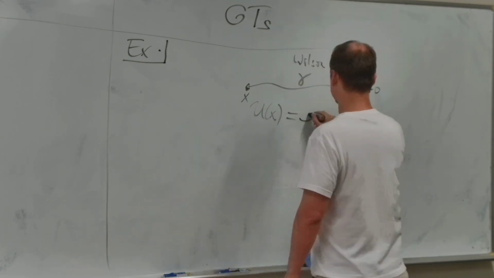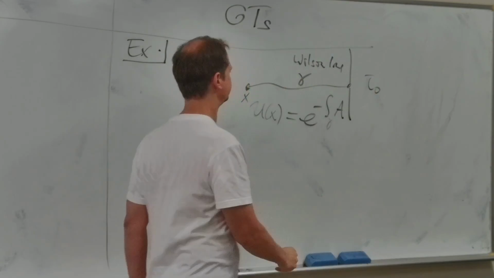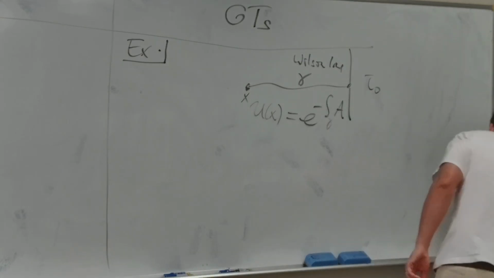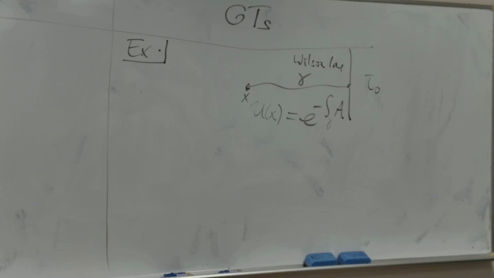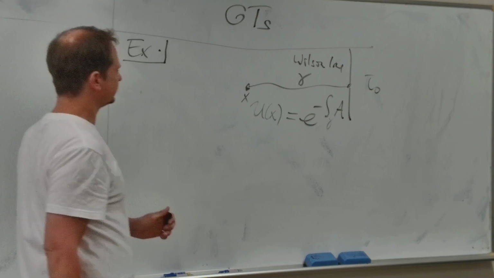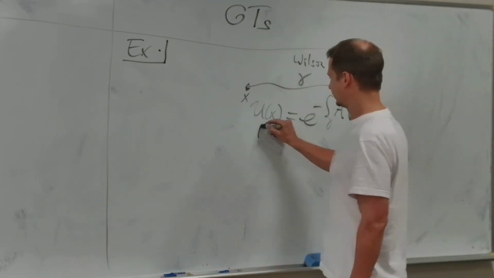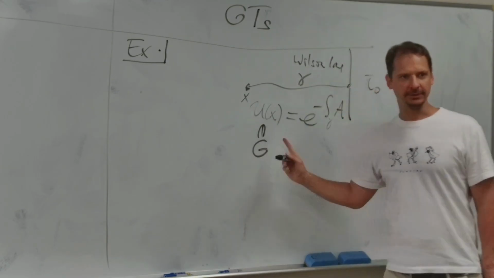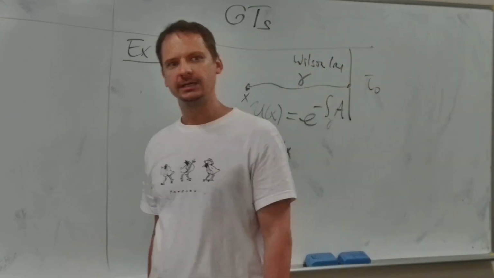So we have just e to the minus integral over gamma of a, where a is the connection, for whatever the field is, Yang-Mills theory or Maxwell's theory. Then as is well known, clearly this guy for each x value in the space will take value in the structure group.